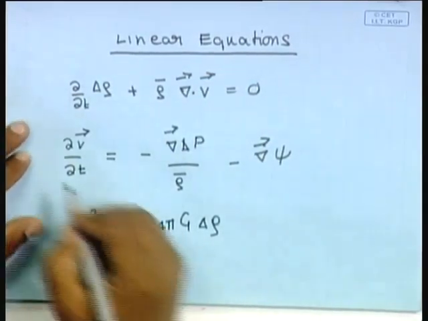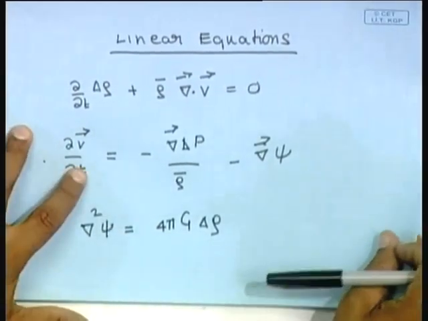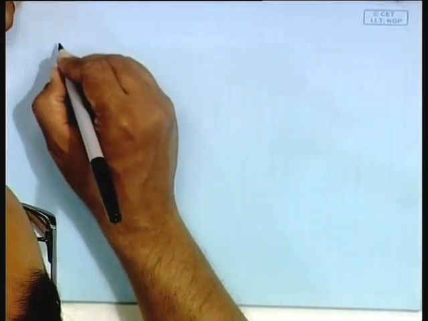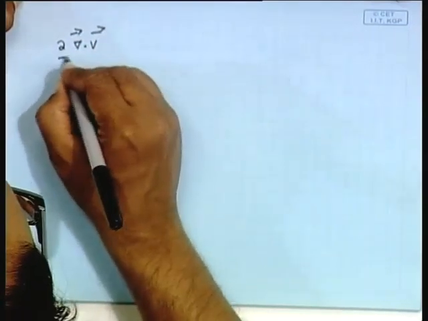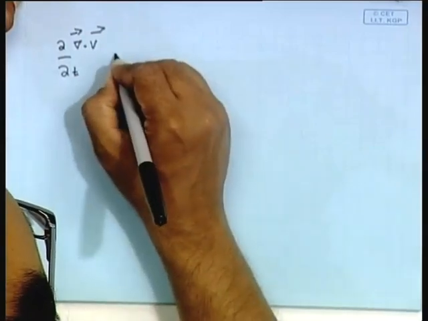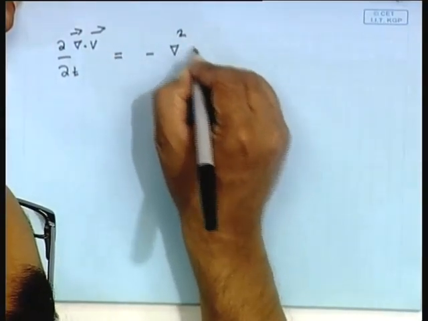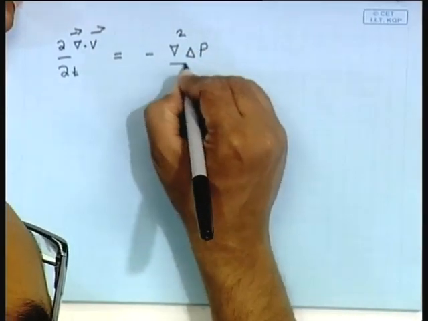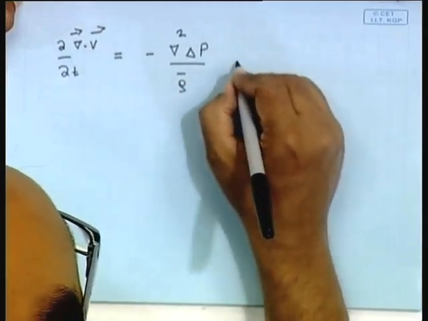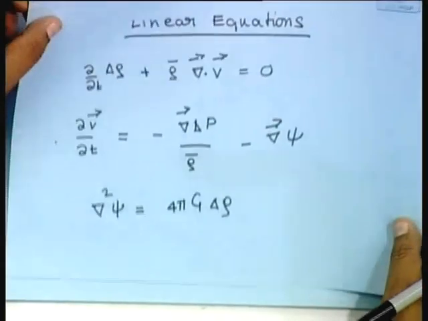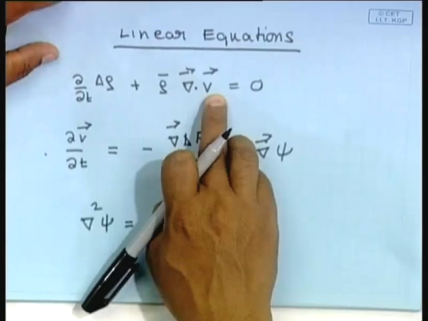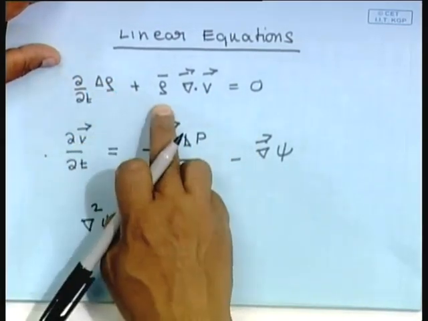So, the way to proceed is to first take the divergence of this equation. When you take the divergence of this equation, what you get is, and the divergence of V is the time derivative of delta rho divided by rho bar.